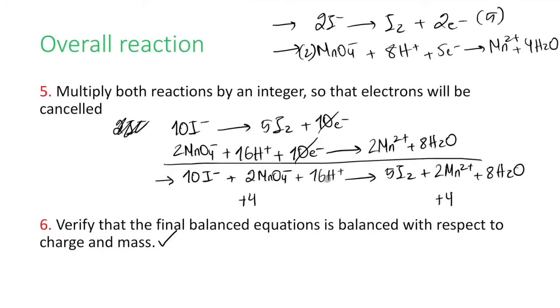So we performed the reaction in acidic medium, and that's why we were able to add hydronium or hydrogen ions inside the reaction, and the reaction should be aqueous so that we can add H₂O molecules also to balance oxygen atoms. So that's it.